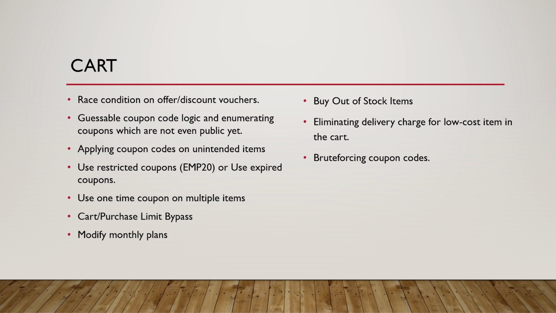Modify monthly plans. This was an example that I already gave you. If there is a subscription at $6 per month and I'm able to buy it for $2 per month by manipulating the parameters in the API or doing something else, then this is a vulnerability leading to modifying the monthly logic that has been assigned to those plans.